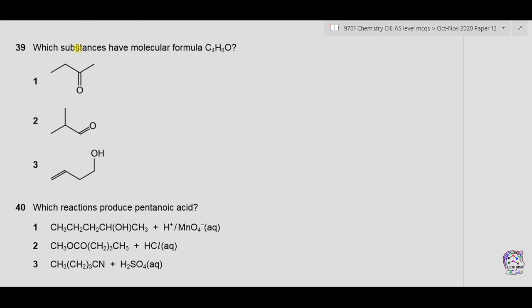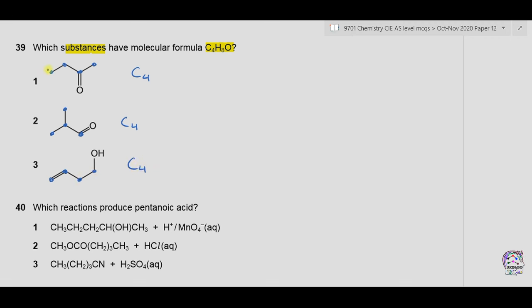Question 39. Which substances have molecular formula C4H8O? Let's find the number of carbon atoms. We have 1, 2, 3, 4 carbons. 1, 2, 3, 4 carbons for this one. 1, 2, 3, 4 carbons for this compound.